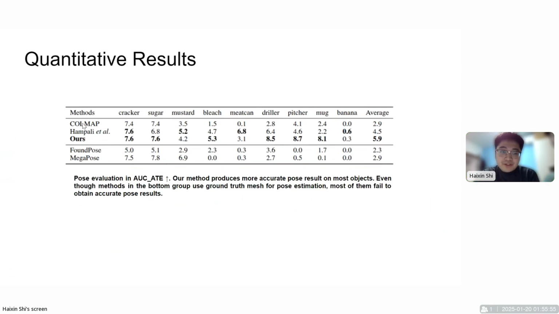We also compare with COLMAP and Hampali, and our pose is much more accurate. The other two methods are GT mesh-based methods. They use the render-and-compare strategy to estimate the object poses. Our method has much better results compared with them.